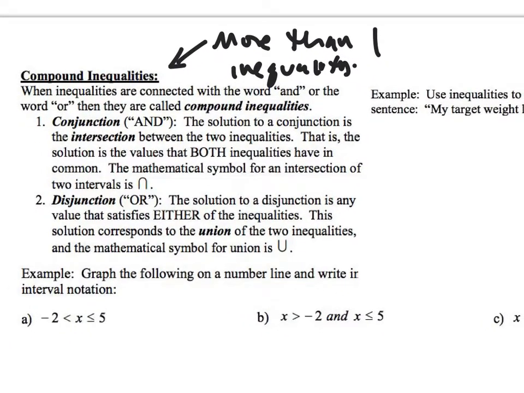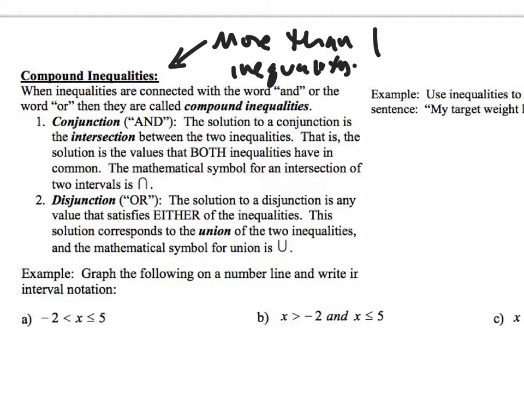We have a conjunction, which is "and", and we think of this as the intersection. And then we have a disjunction, which is "or", and that means a union of two inequalities. A conjunction, meaning intersection, is where they have both.